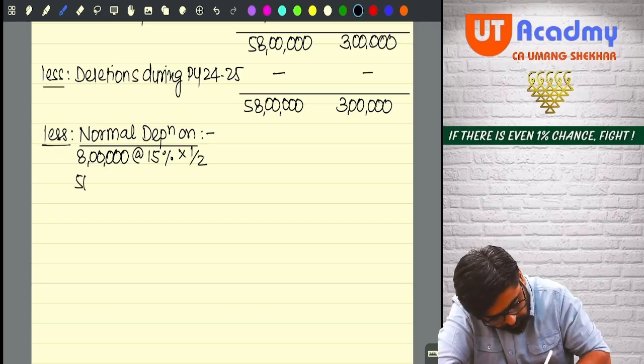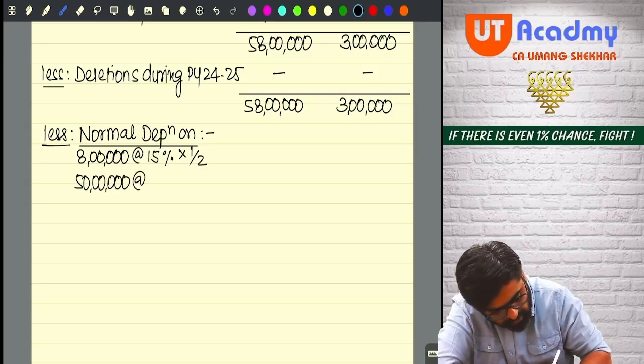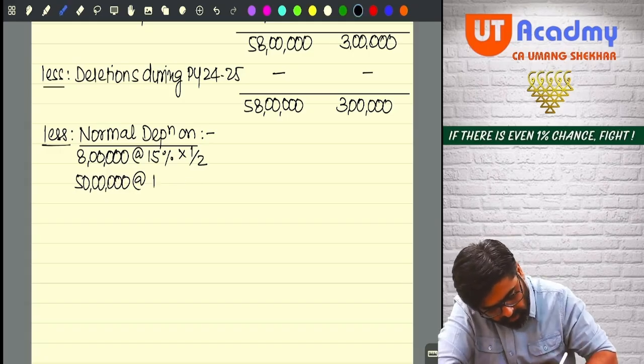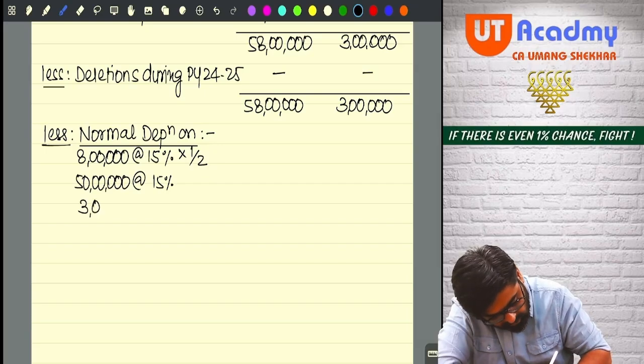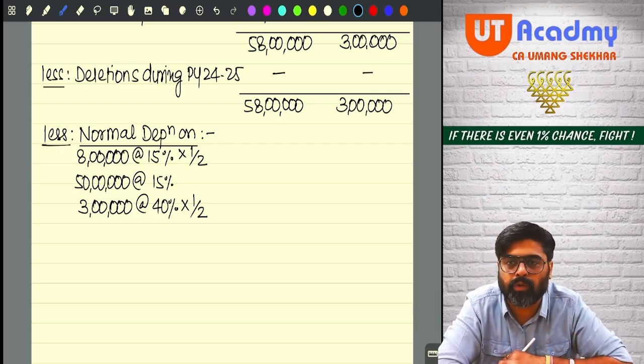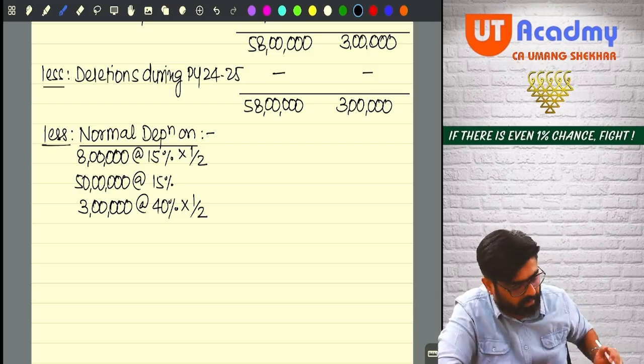And on the balance 50 lakhs, out of 58, it will be 15%. Are you all getting it, everyone? And on the 3 lakhs, computer, entire 3 lakhs, I will calculate at 40% into 1/2. Everyone understood this? So now the calculation part.